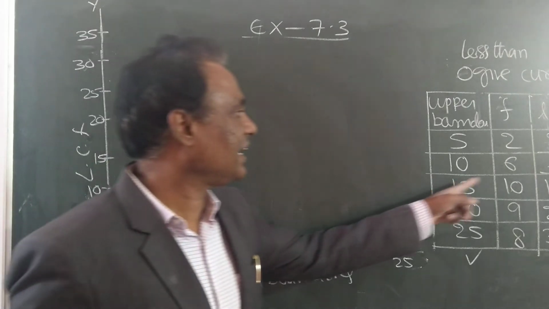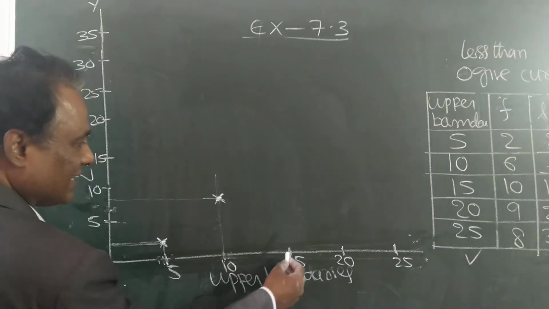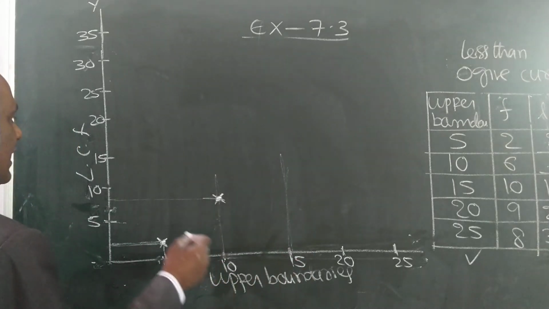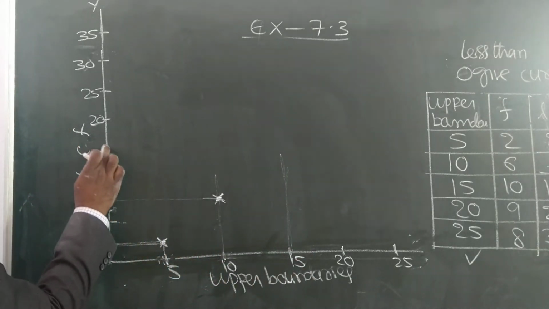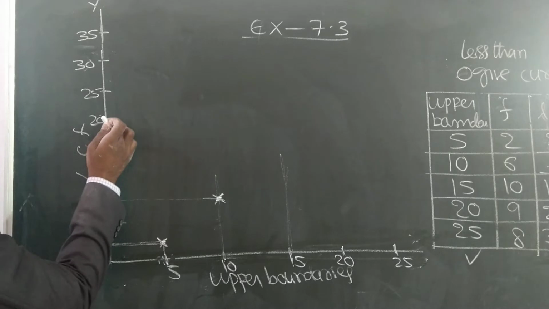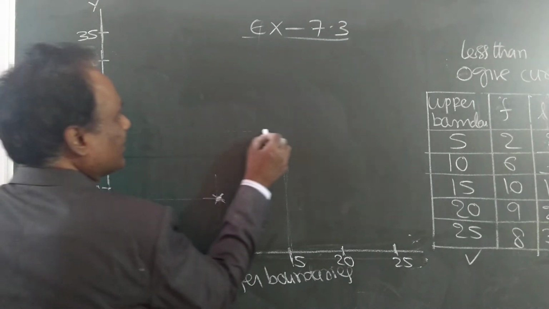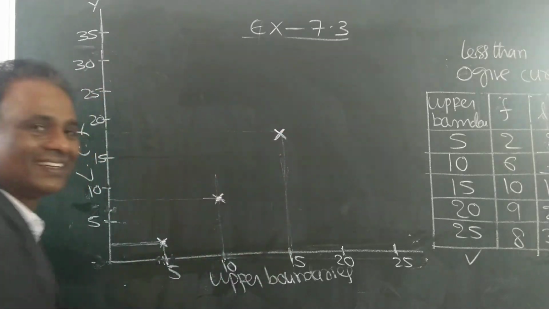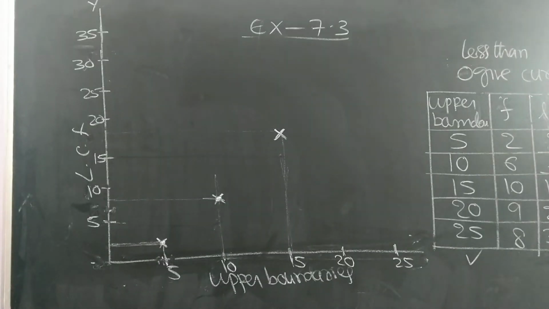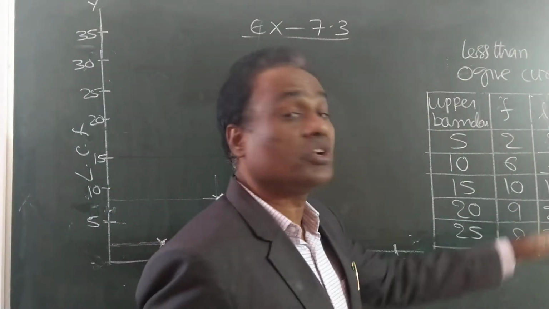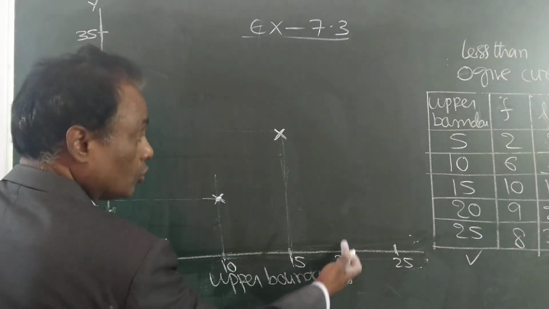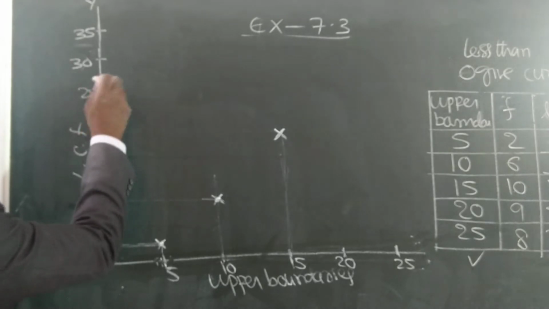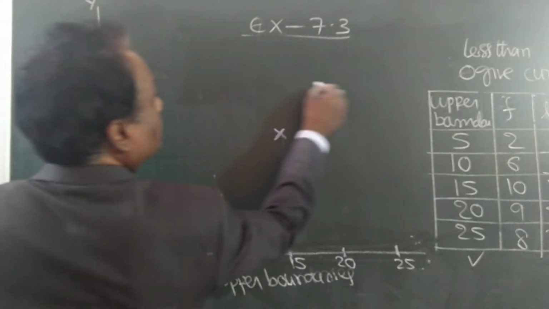Next, 15, 18. 15, 16, 17, 18, 19, 20. So 18 is somewhere here. This is the point. Next, 20, 27. 25, 26, 27 somewhere here.